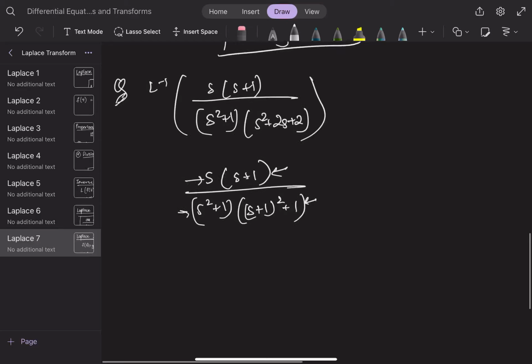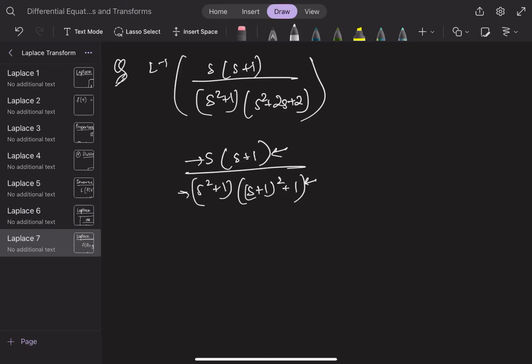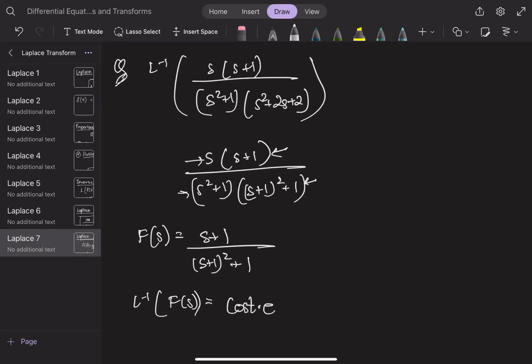So let's take our first F(s) as (s plus 1) divided by ((s plus 1) whole square plus 1). So the Laplace inverse of F(s) becomes cos t multiplied by e raised to minus t.